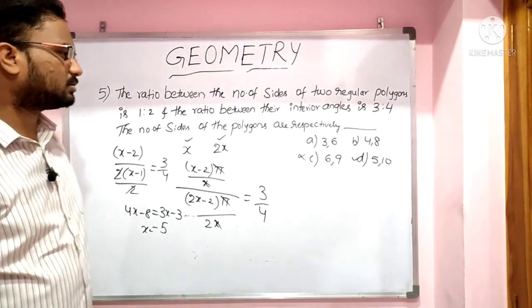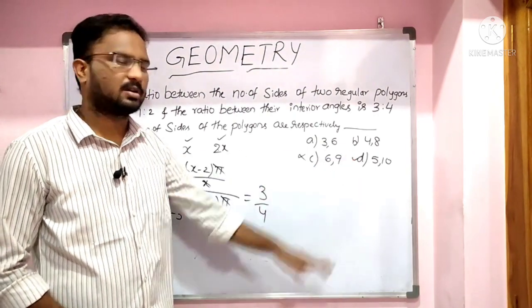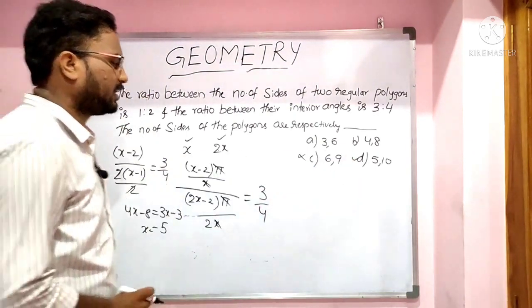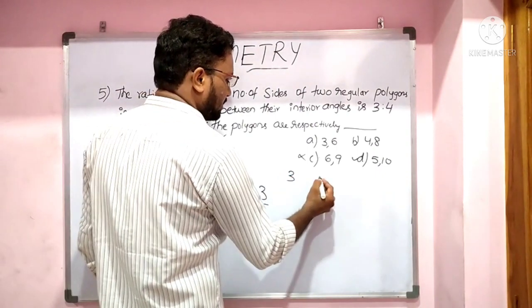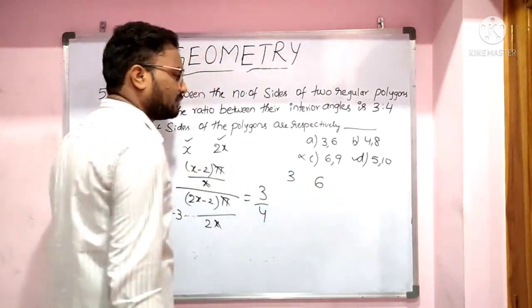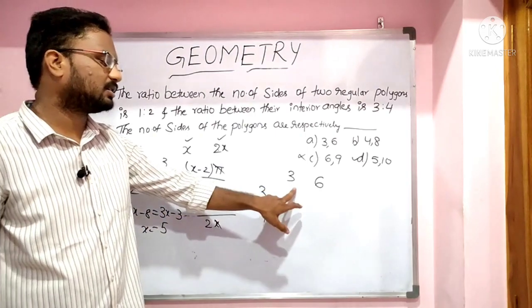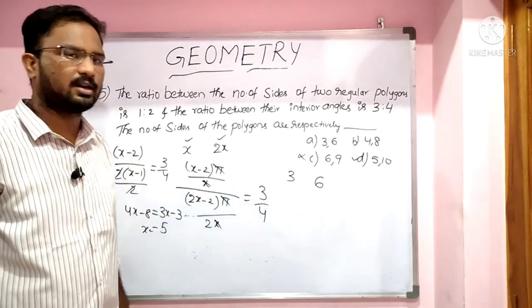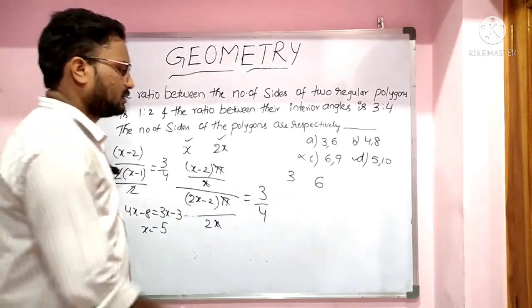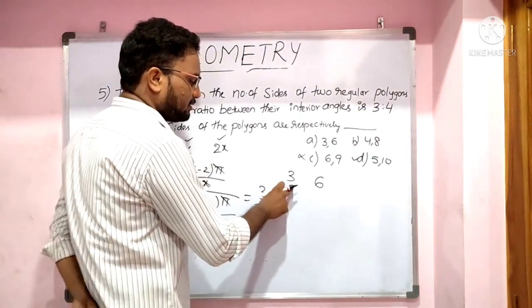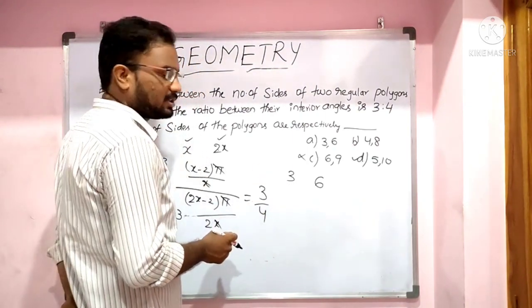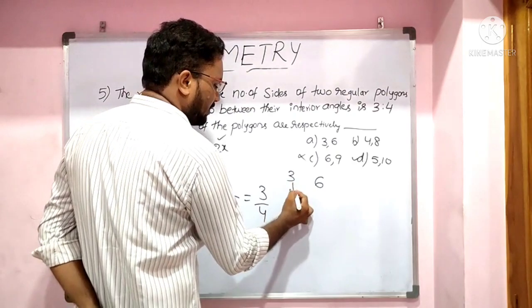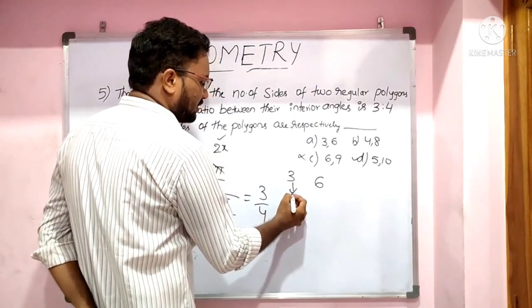You can do this problem by using the options also. If one polygon has 3 sides and the other has 6 sides, then for 3 sides the sum of the exterior angles is 360, so each exterior angle is 360 by 3, 120.